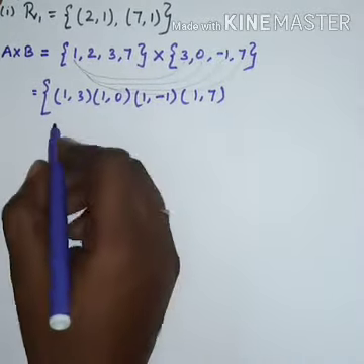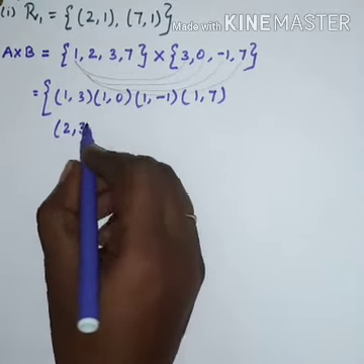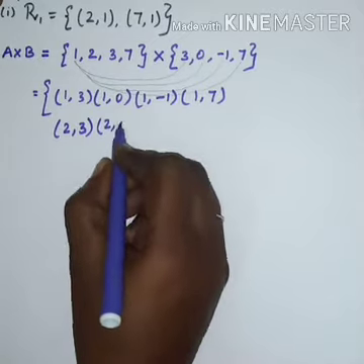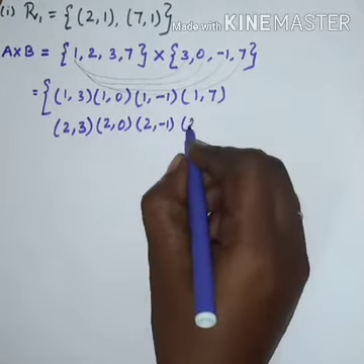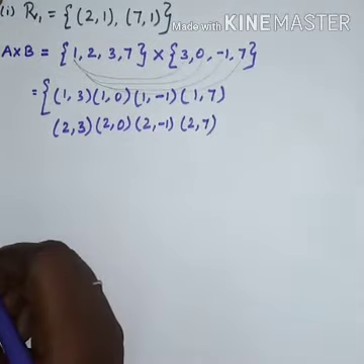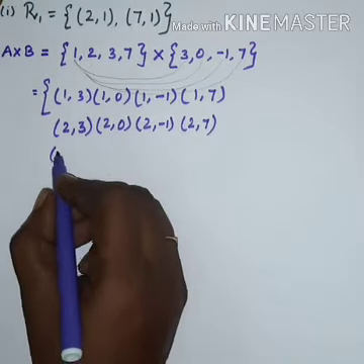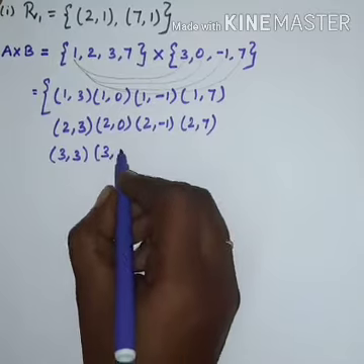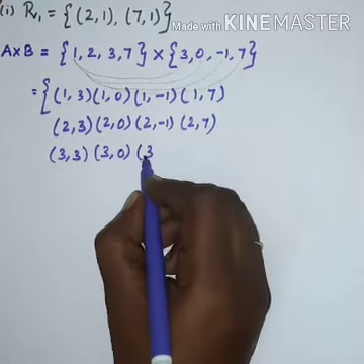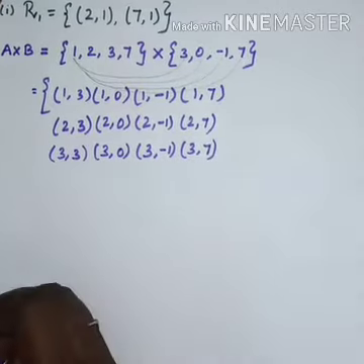So similarly we can write (2, 3), (2, 0), (2, -1), (2, 7). And then similarly the next element: (3, 3), (3, 0), (3, -1) and (3, 7).